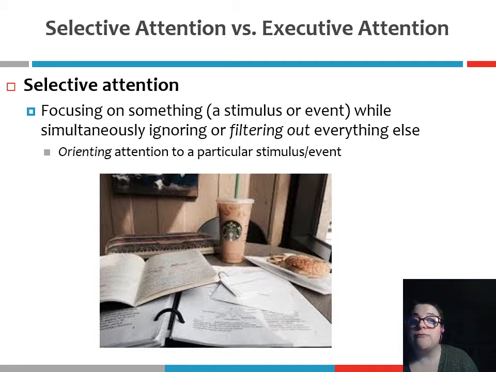So notice that verbiage there that's very intentional, filtering out, right? So all of the models that we're going to talk about today are models of selective attention that are referred to as filter models. So keep that in mind, right?